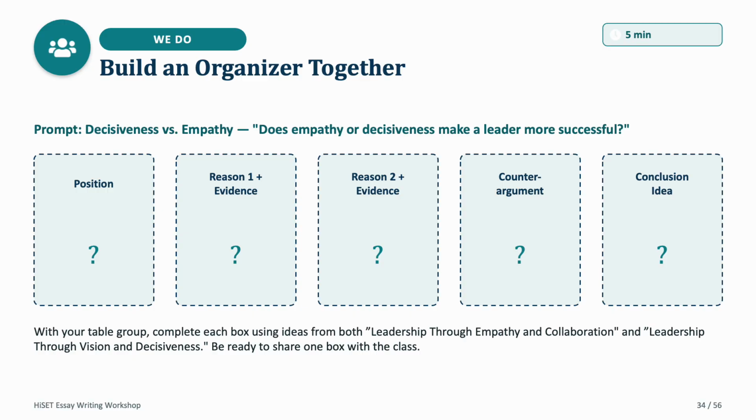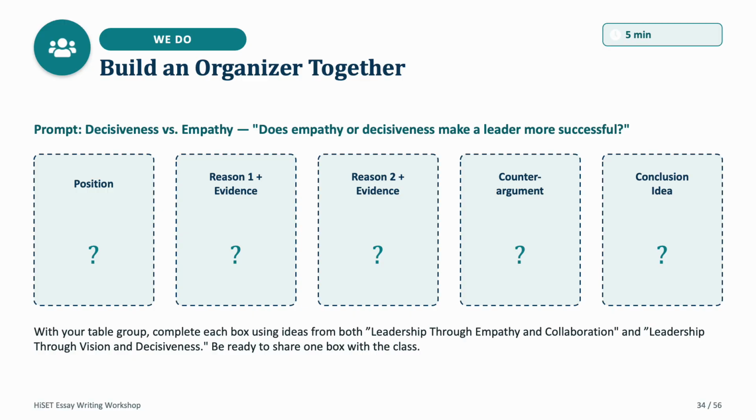Now, I've got to have a counter argument, an opposing view. What am I going to put in that? Someone on the other side might argue that vision and decisiveness matter more than empathy. And they would point to Martin Luther King, Steve Jobs, okay?